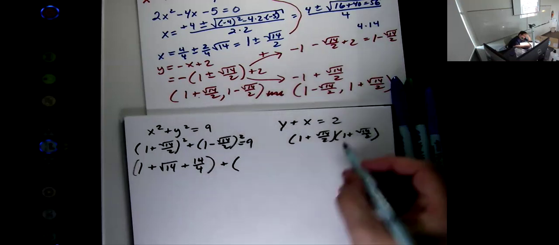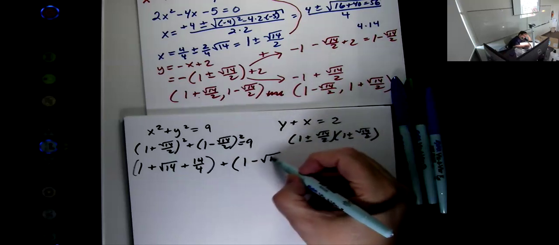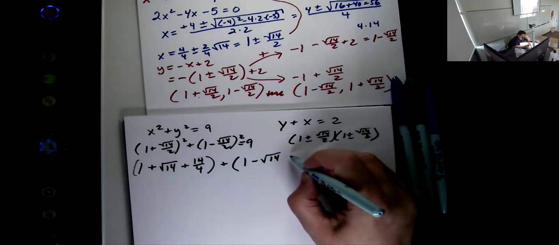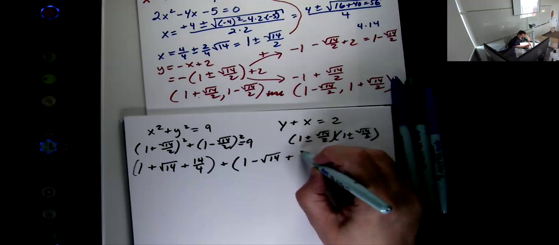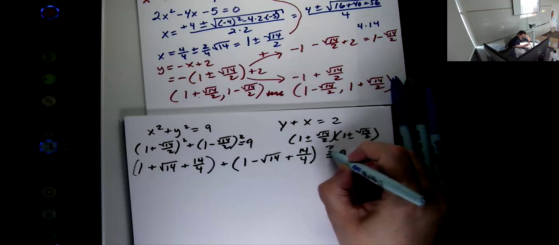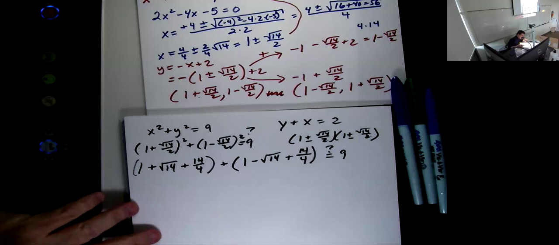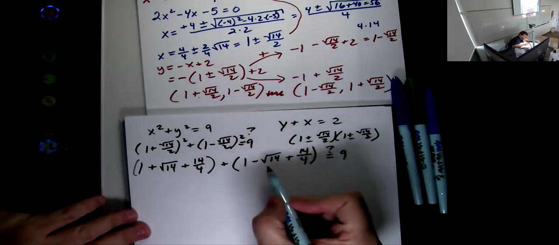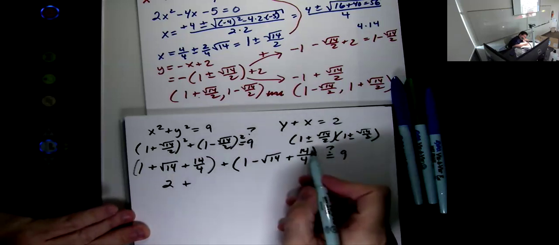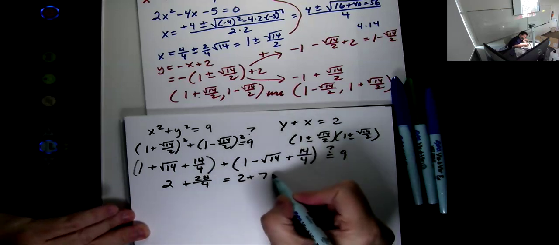This parentheses, if I do the same thing, has a minus sign here. I'm gonna have 1 minus root 14, plus 14/4. And so does that equal 9? The root 14s cancel. I add up the ones, 1 plus 1 is 2. And 14/4 plus 14/4 is 28/4. That's 2 plus 7, and that does equal 9.